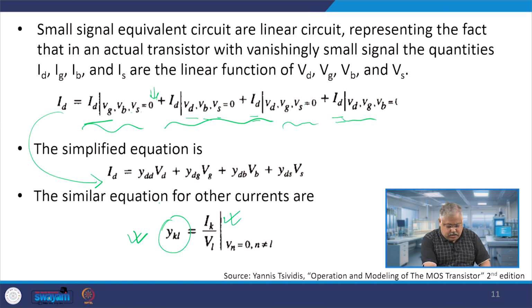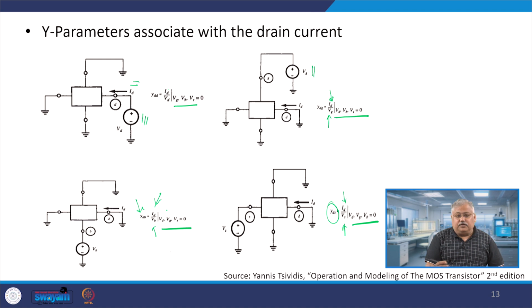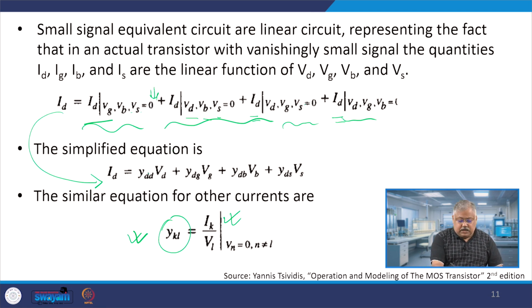What is YDD? We have just seen what YDD is. YDD basically means this quantity, del ID by del VD. So, if I replace this, I get ID here, right. Similarly, YDG, drain to gate, gets cancelled out, and I get again current. YDB is drain current with respect to bulk voltage and YDS is drain current with respect to source voltage.